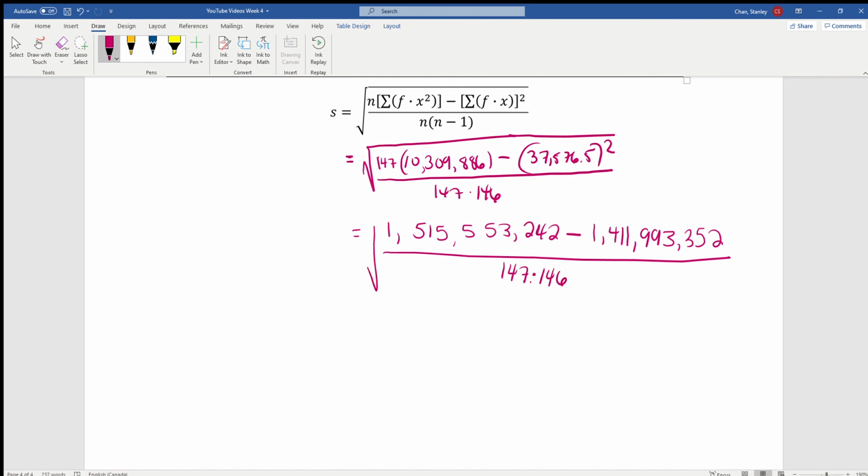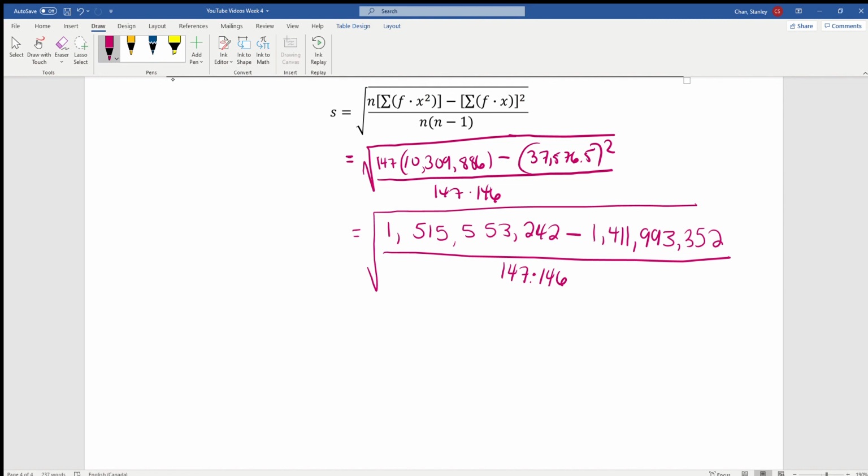Okay, wow, big numbers, I know. So we subtract that answer from 1,515,553,242, and divide that by 147 times 146.